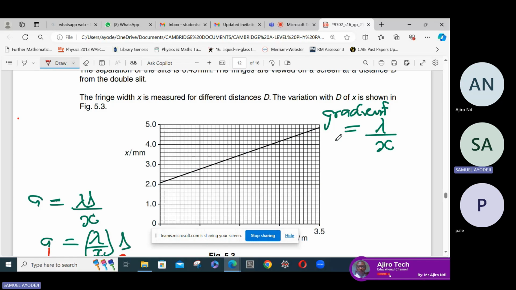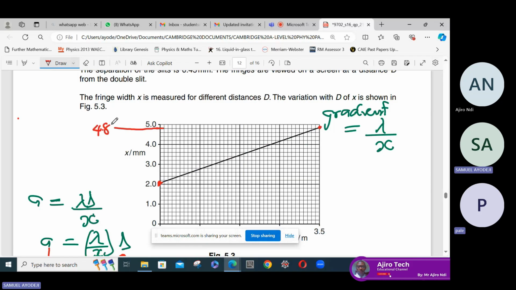Pick any point you want. You can pick the first and the last one. What will be the value of this point? Calibrate this point. 4.8.